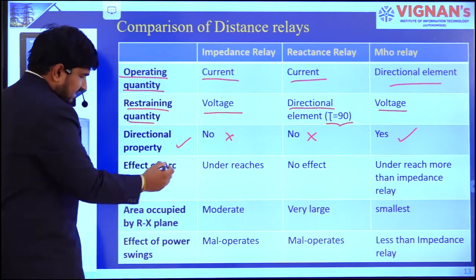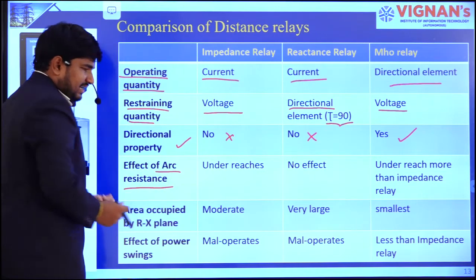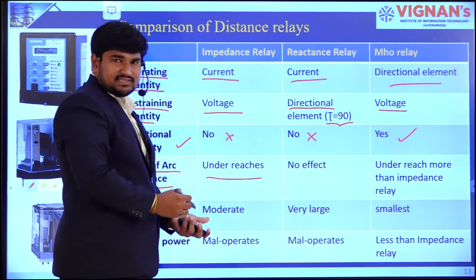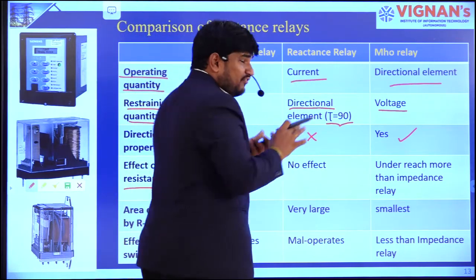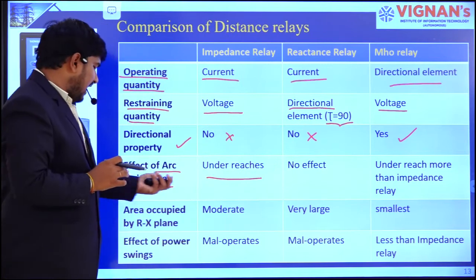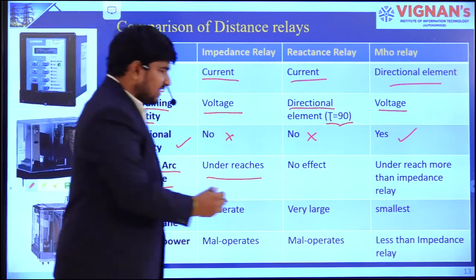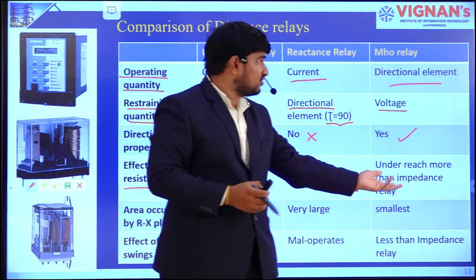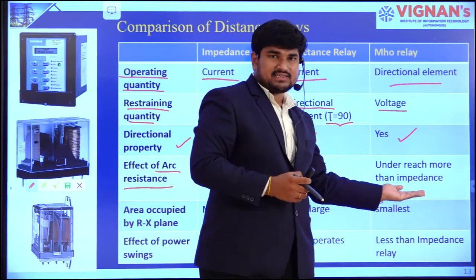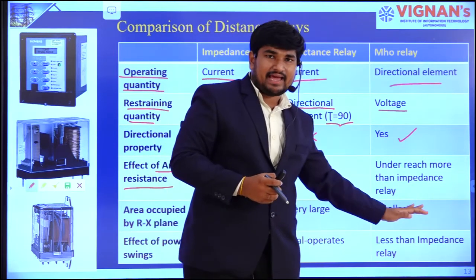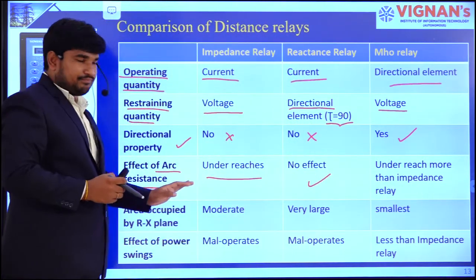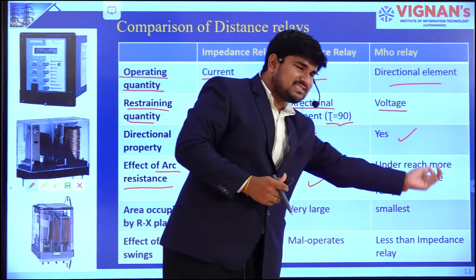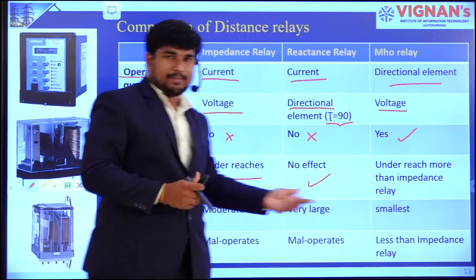And the second one is the effect of arc resistance. The impedance relay will create under reach, and in the reactance relay alone the effect of arc resistance is eliminated. In the Moore relay the effect of arc impedance is also present, but slightly less than the impedance type relay, and here the under reach is more than the impedance type relay.